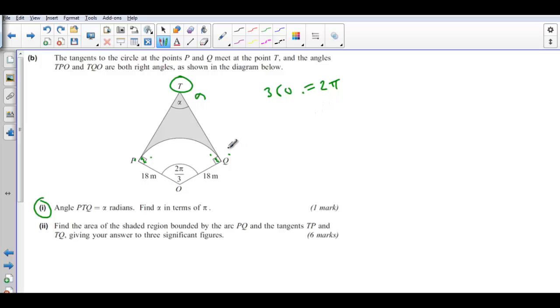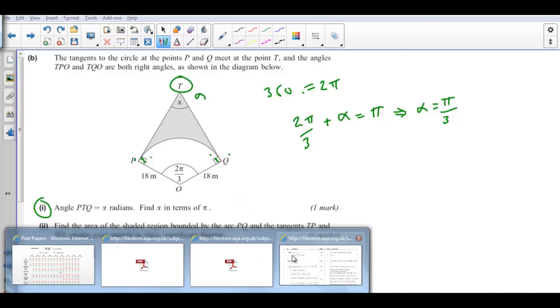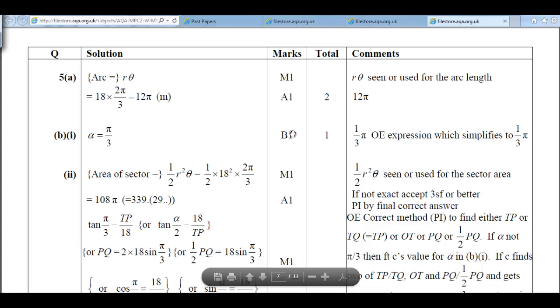The remaining 2, 2π/3 radians plus alpha, will add up to a whole π. So 2/3 plus 1/3 makes up the whole one. So alpha is equal to 1/3 of π, or π/3 radians, for 1 mark. Let's just check the mark scheme there. Yeah, just 1 mark, alpha equals 1/3 of π.